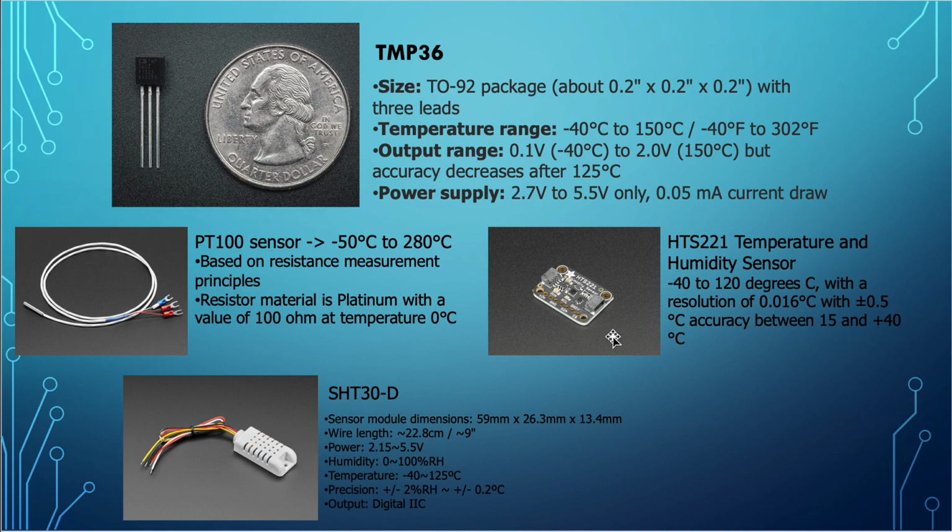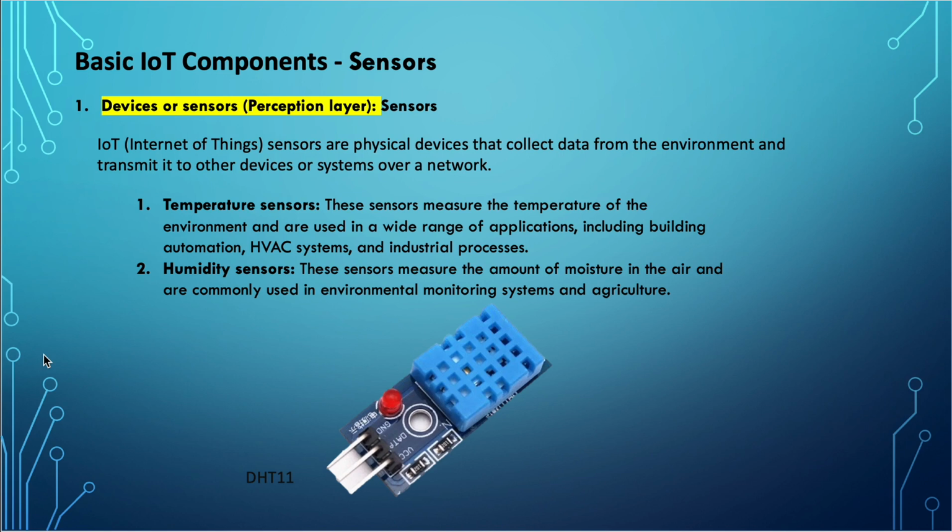So it is completely up to you as an IoT developer to find the correct product when selecting the sensor, right? So again, when we talk about sensors, there are multiple sensors out there. Temperature sensors and humidity sensors are two examples, right?